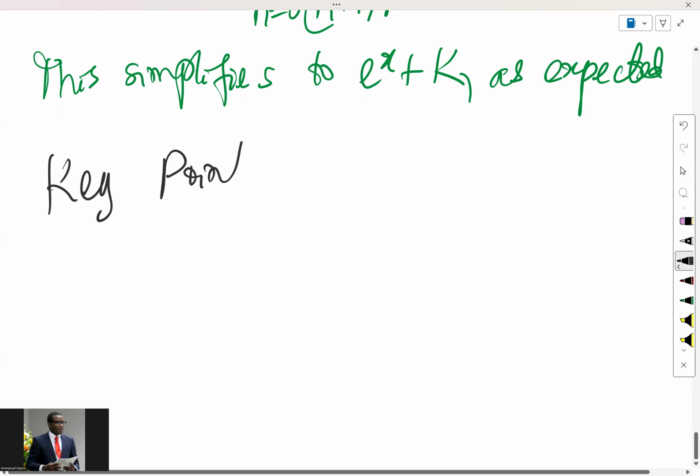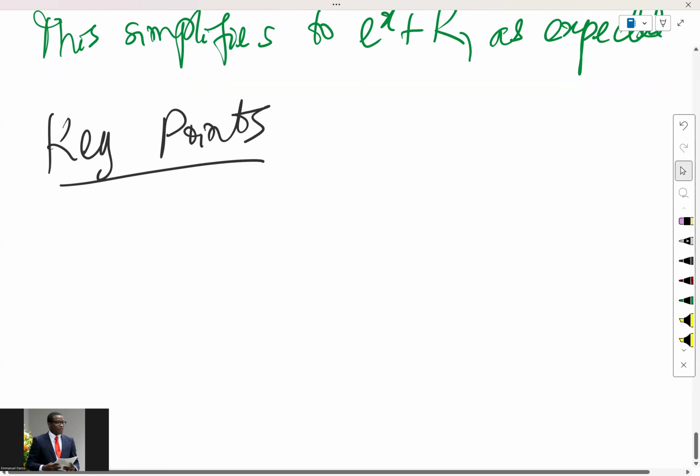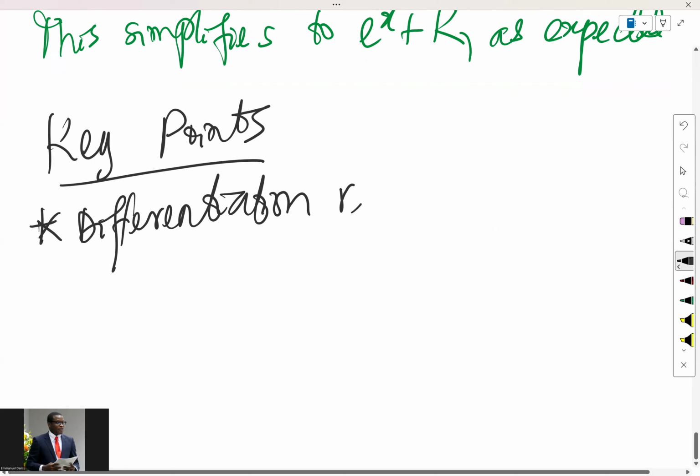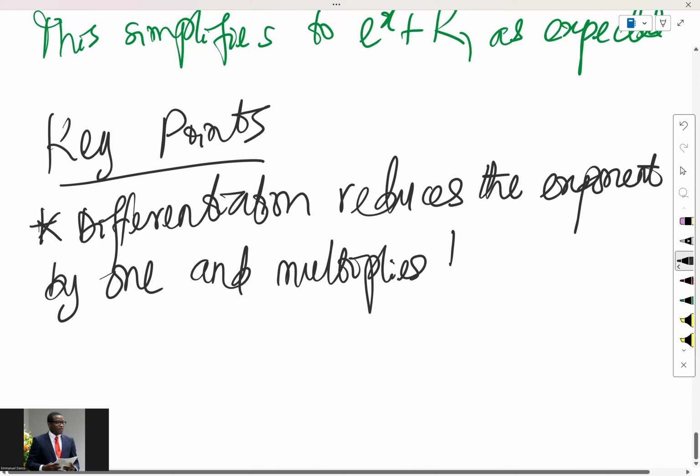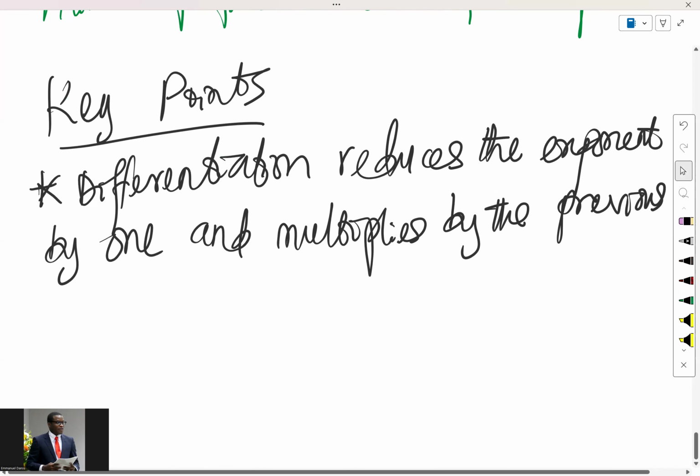The first point is that differentiation, like we know, reduces the exponent by one and multiplies by the previous exponent. That's like when you bring the power down and the original power reduces by 1. That's what this is talking about. Multiplies by the previous exponent. Okay, that's the first point.